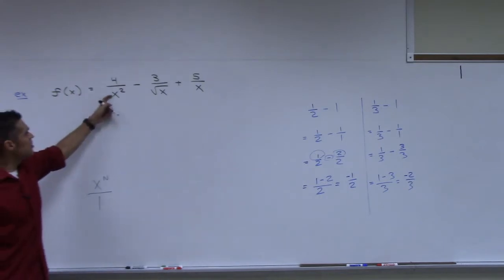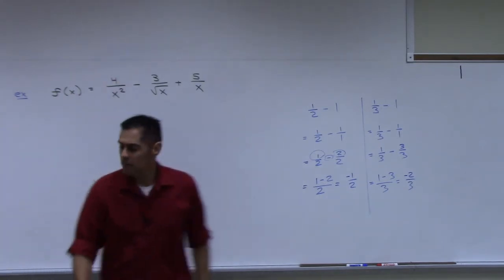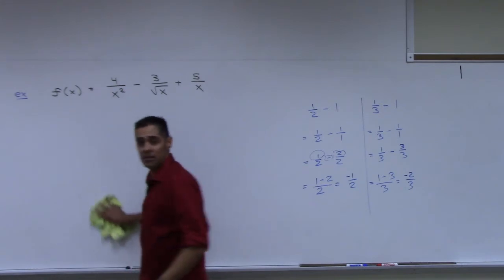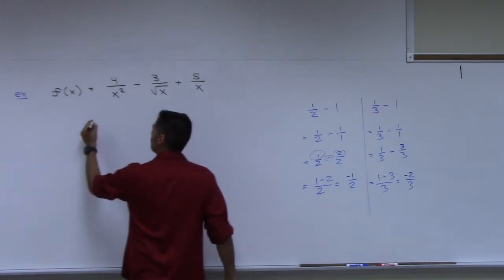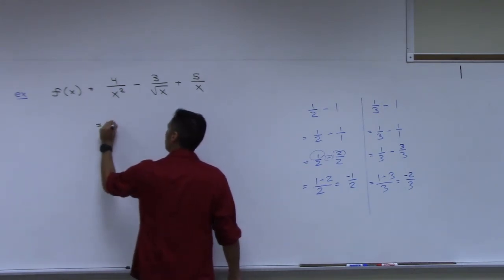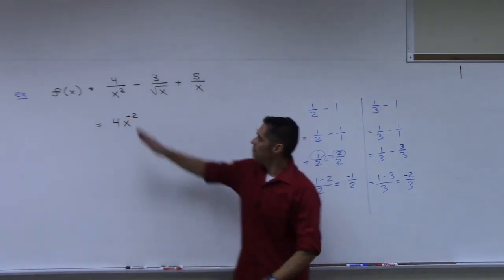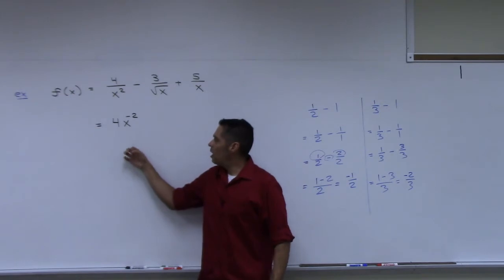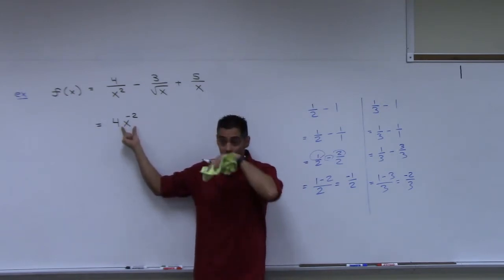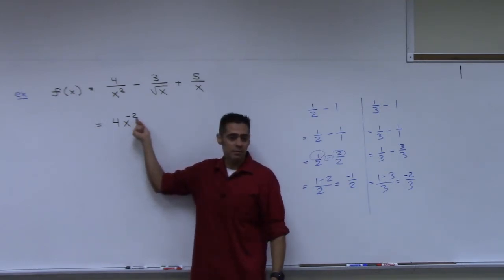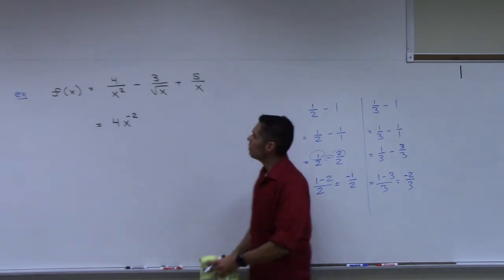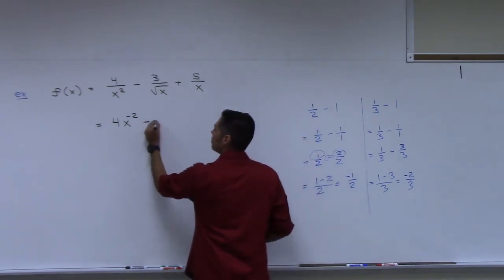Could you bring this x squared up? How? You make it a negative exponent. So how about just rewriting? I'm not taking the derivative right now. This is the same as 4x to the negative 2. I brought the x up, so now when I do the power rule, my n is negative 2, and that will come out. How about the next one? Minus 3.